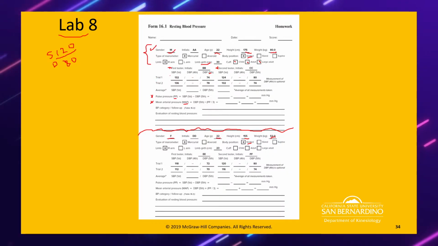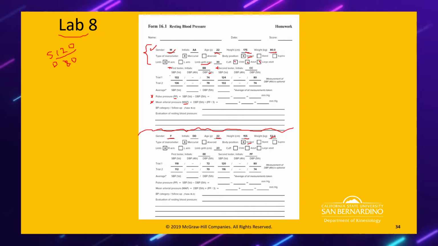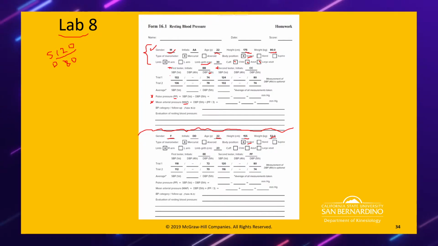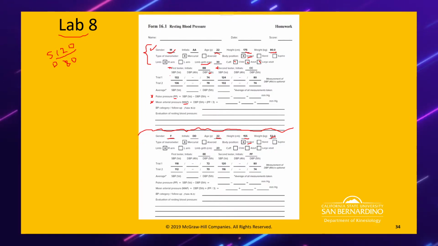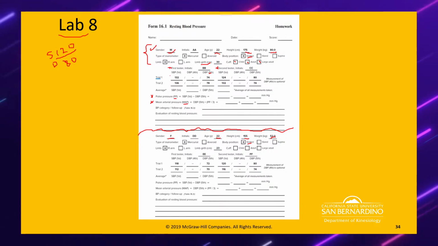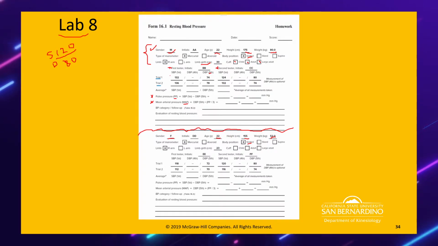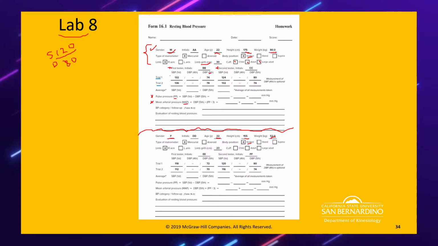Now, to get the blood pressure average, we have to do a little bit of math. You notice we have trial 1 here and trial 2, and we took 2 measurements for each trial.